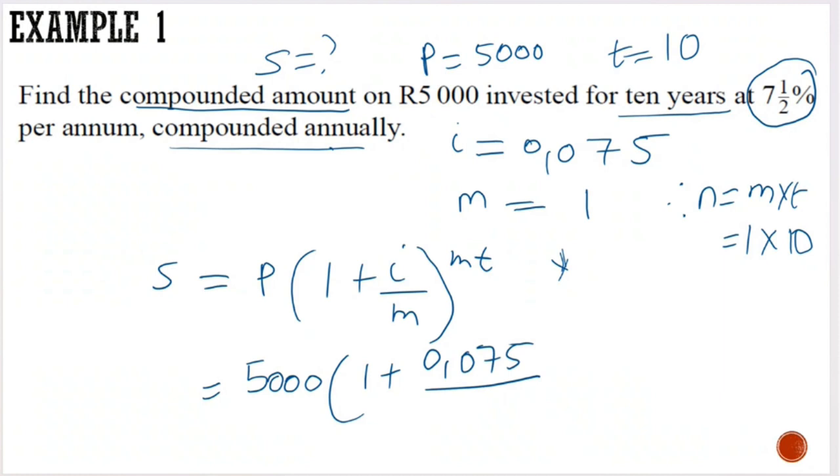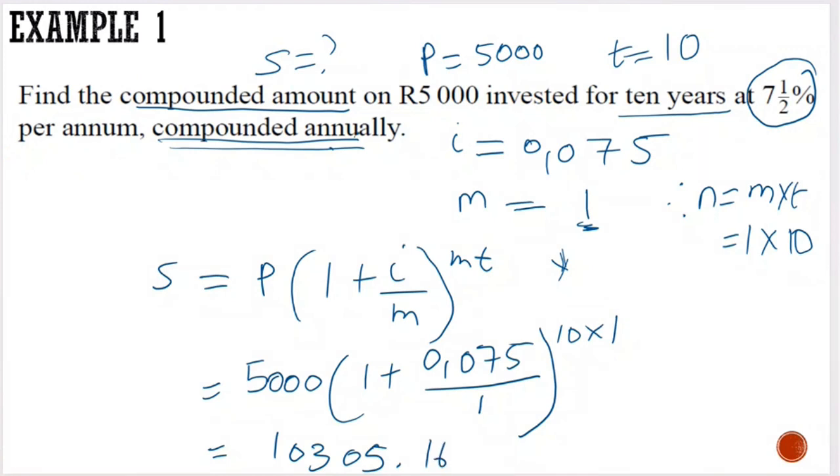You divide this by the number of compounding periods, because this is compounded annually, which means it's 1. So you've got 1 to the power, your MT is 10 multiplied by 1. You can just plug this into your calculator, and then you would get the answer of 10,305.16.